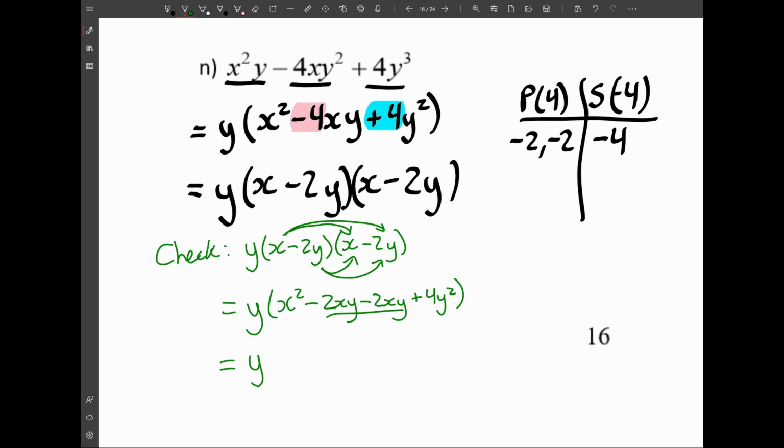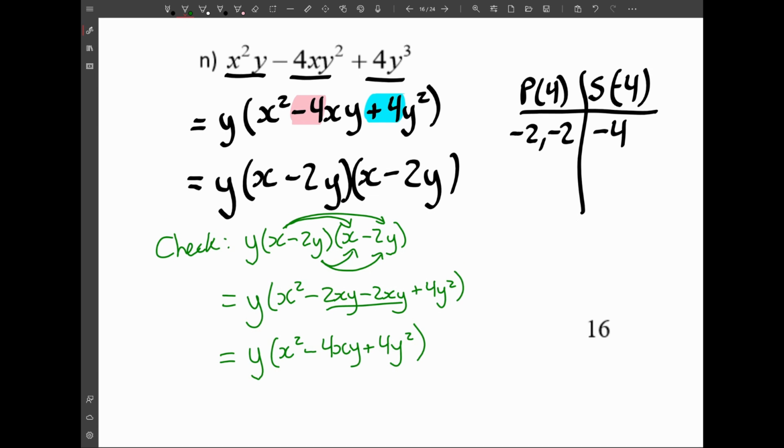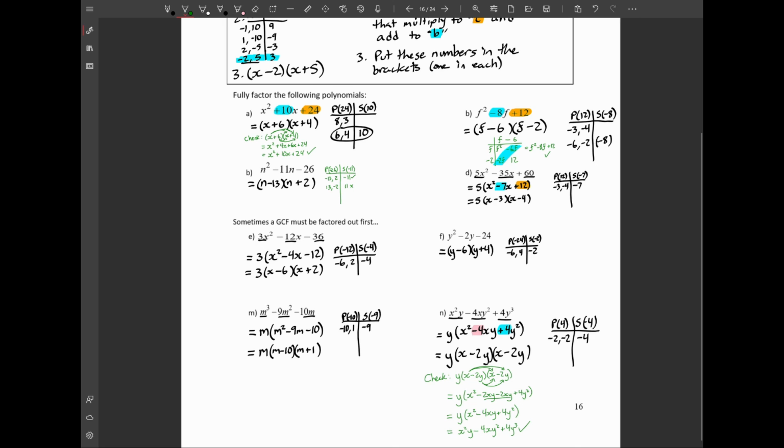Combine my like terms. X squared minus 4xy plus 4y squared. This should already start looking familiar. Finally, multiply the y to everything. X squared y minus 4xy squared plus 4y cubed. Cha-ching! And that is everything.